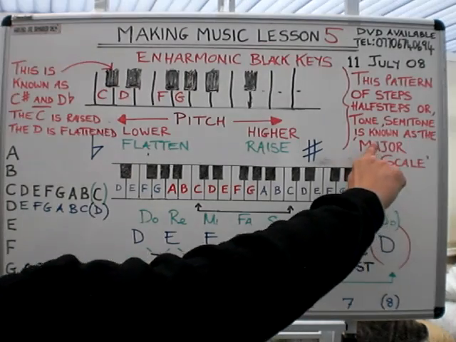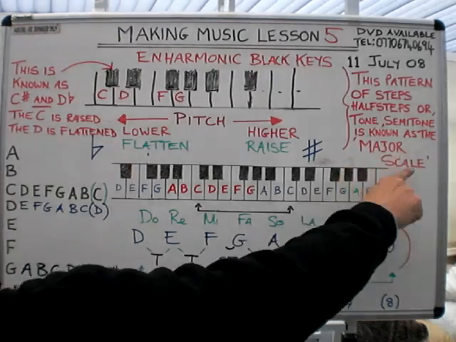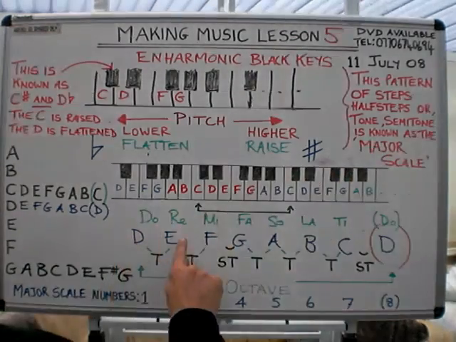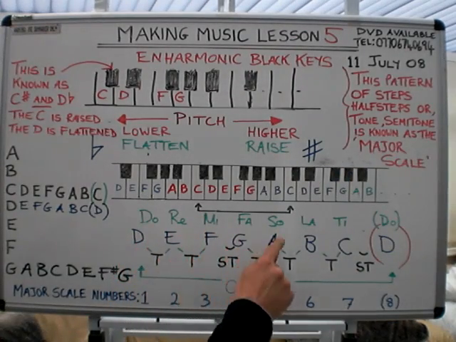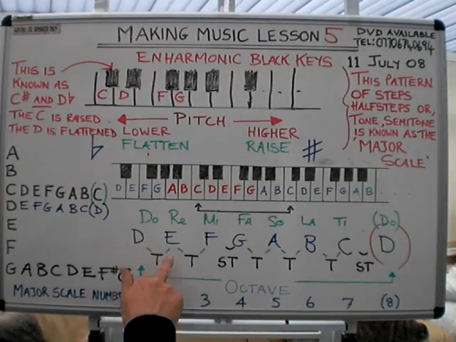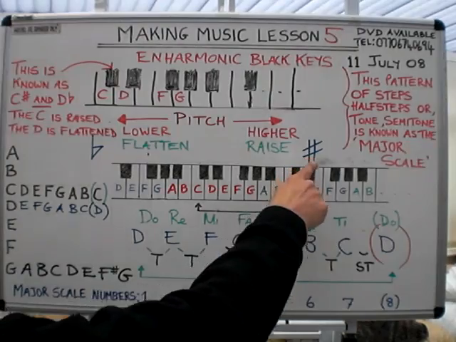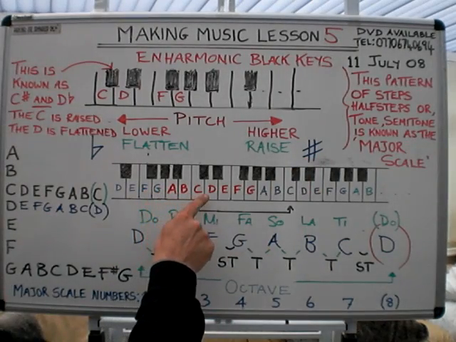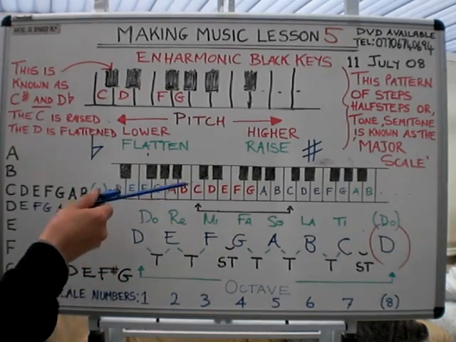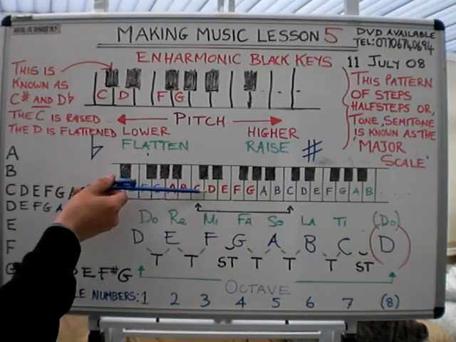This is the D major scale, or major scale of D: D, E, F, G, A, B, C, D. Let's see if we've got any of these raised, sharpened notes. Let's start from this one.